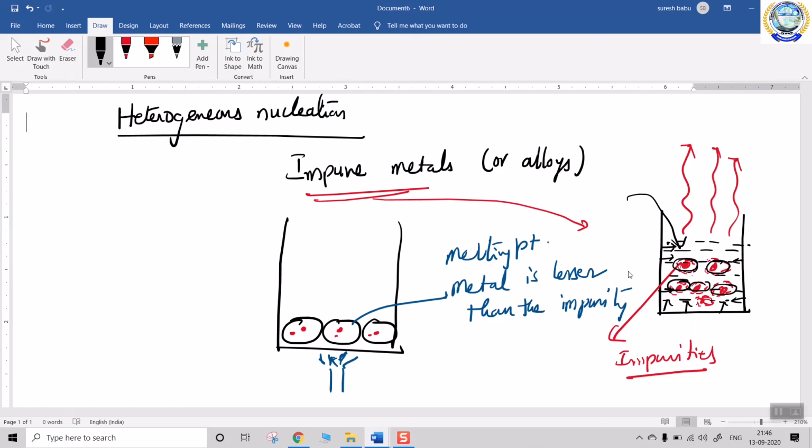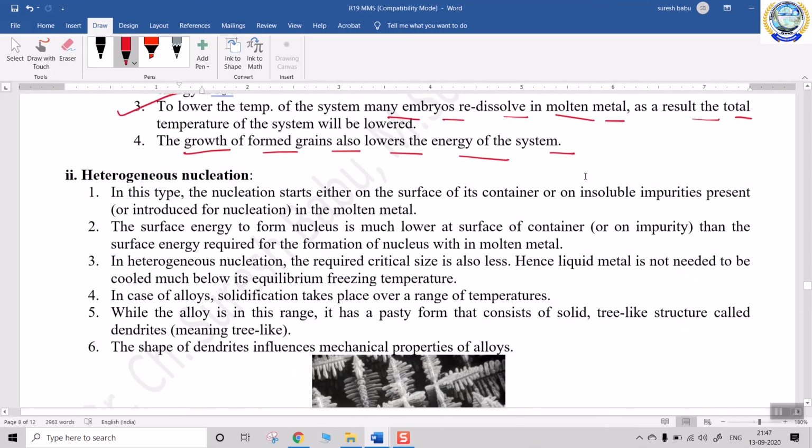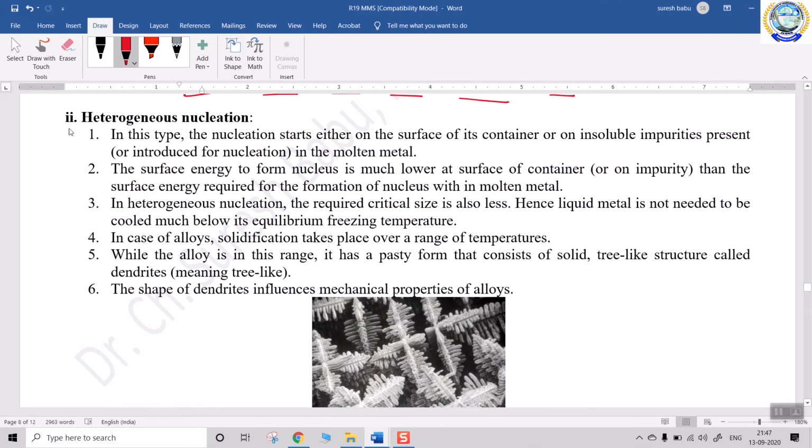So, automatically solidification may start from the surface of the vessel, or upon the surface of the impurity. So, this is heterogeneous nucleation.